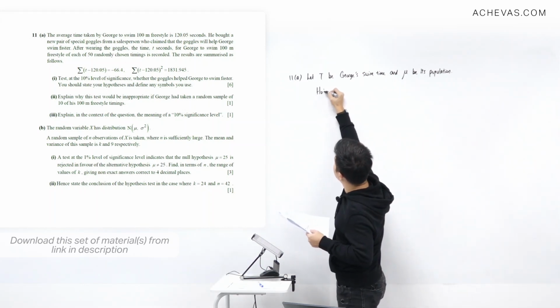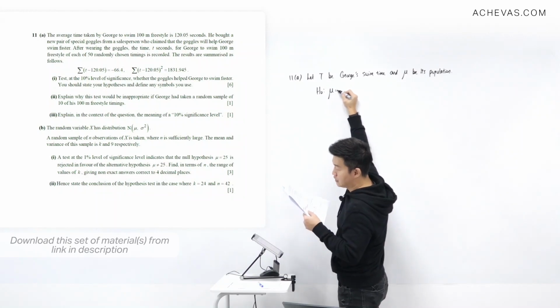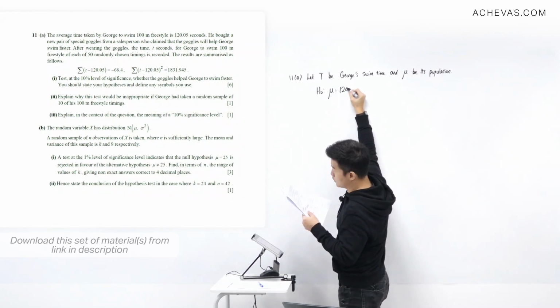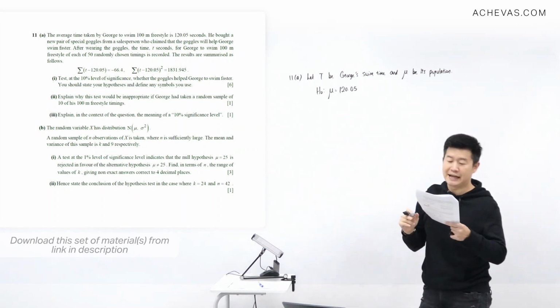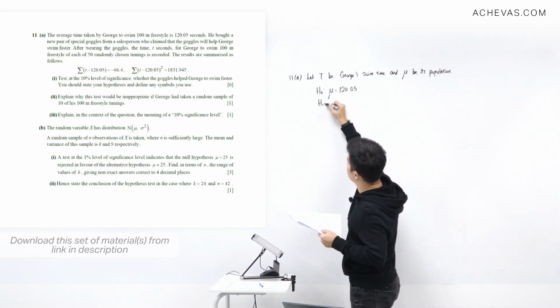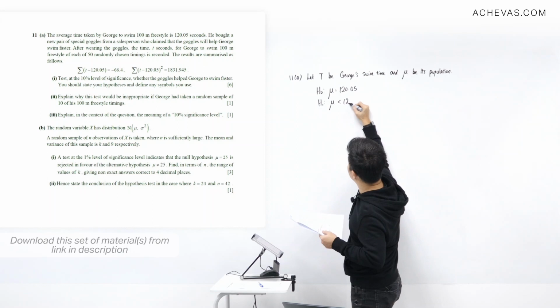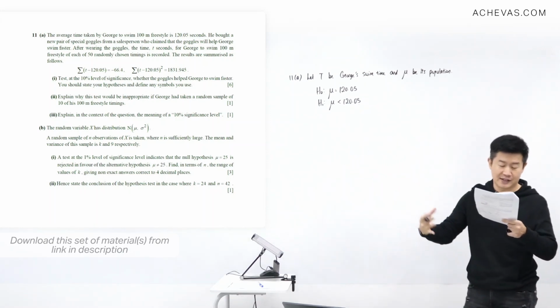So for the null hypothesis, according to the information that is given to us by the question, the population mean is 120.05, and we are supposed to be testing whether it has helped George to swim faster. So the time that we are looking at should be shorter, so mu is going to be less than 120.05. Okay, he is swimming faster.